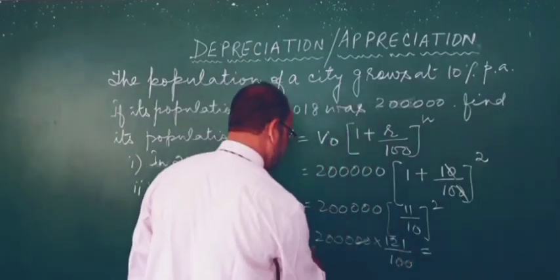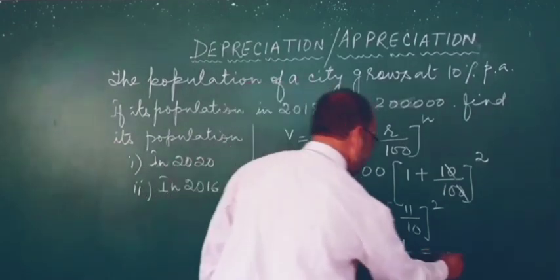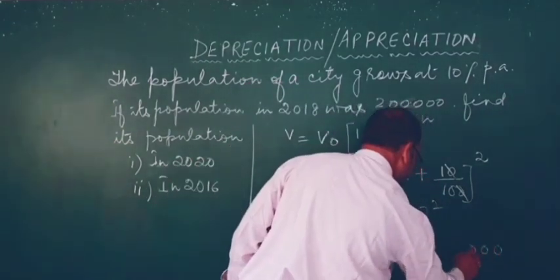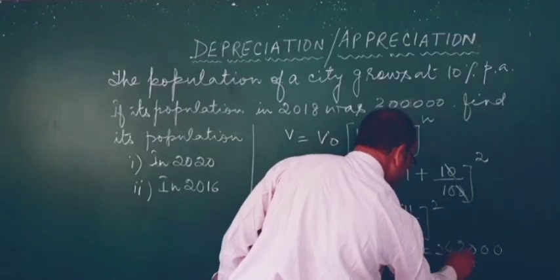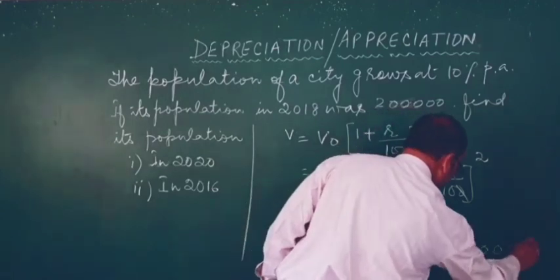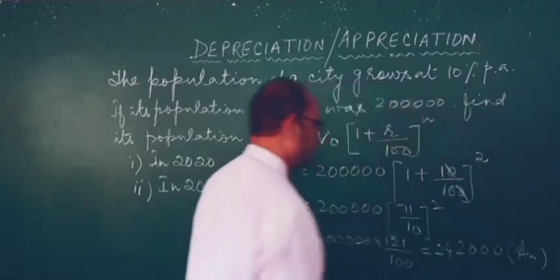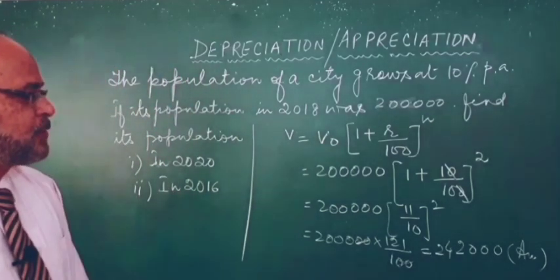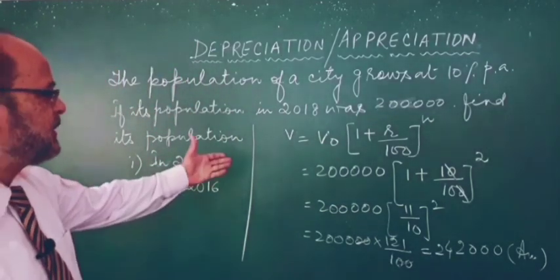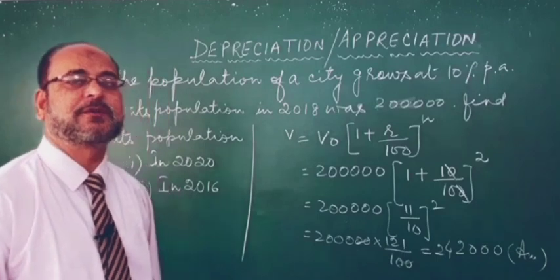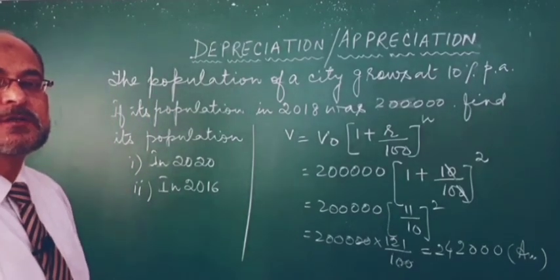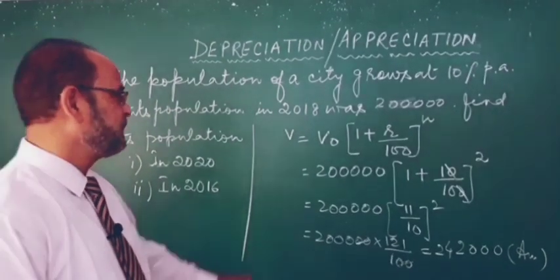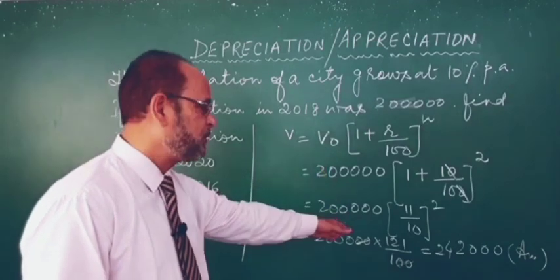And now we will multiply 2000 and 121. It is 2,42,000. This will be the population of that city after 2 years. It means in year 2020 the population will be 2,42,000.